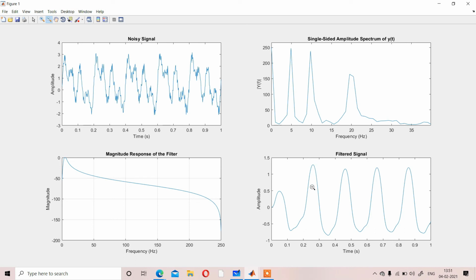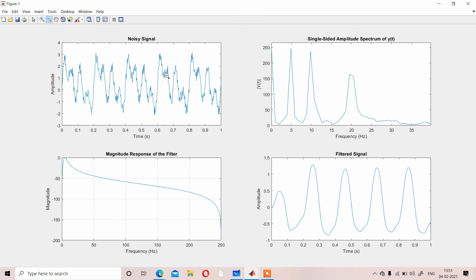We will not choose some portion, because that part comes due to the different order of the filter. If we change the order of the filter, that shape will also change. As we have so many periods, we will neglect 1 or 2 periods. After that we will consider the signal, and that signal will give you the filtered signal.